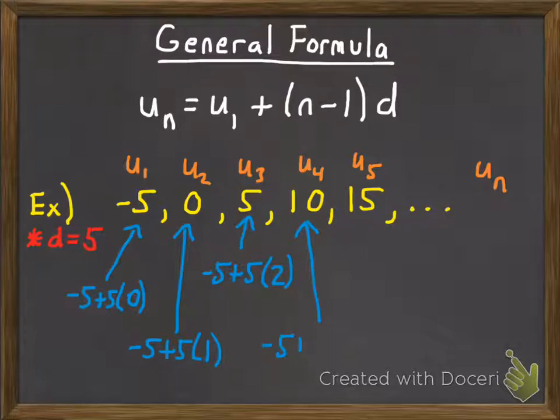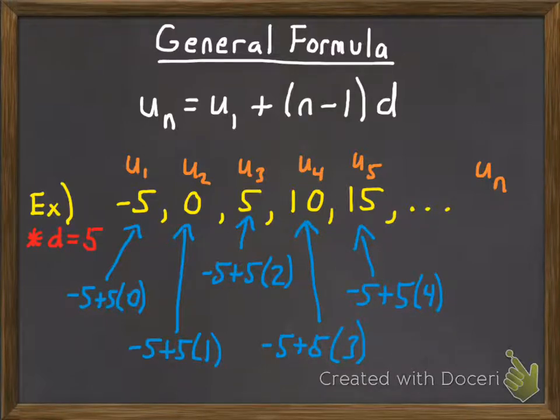The fourth term here would be negative 5, the first term, plus the common difference, not 4 times, but 3 times, because negative 5 plus 15 will give you 10. And then the fifth term here is the same thing as negative 5 plus the common difference of 5 being added 4 times. And you can see that negative 5 plus 20 is equal to 15.